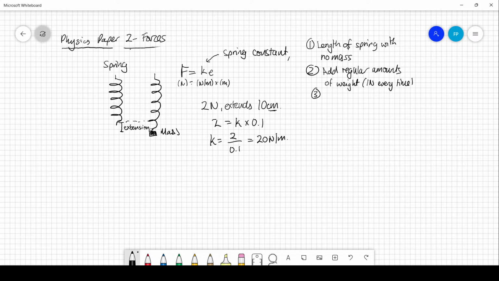And then each time that you add a mass, record the extension of the spring. And as a reminder, the extension of the spring equals its length now, take away its original length, the one that you measured at the start.